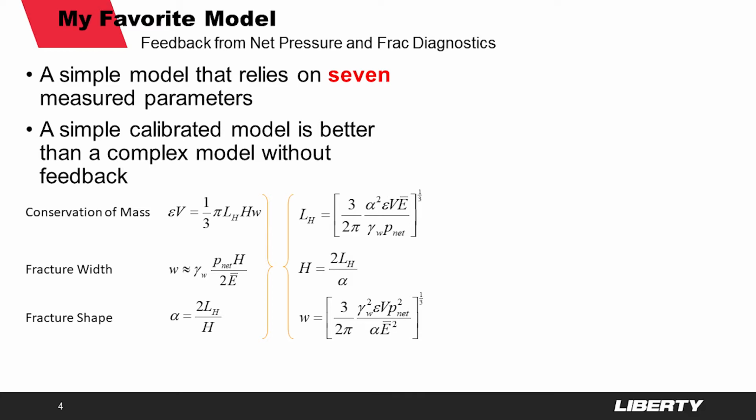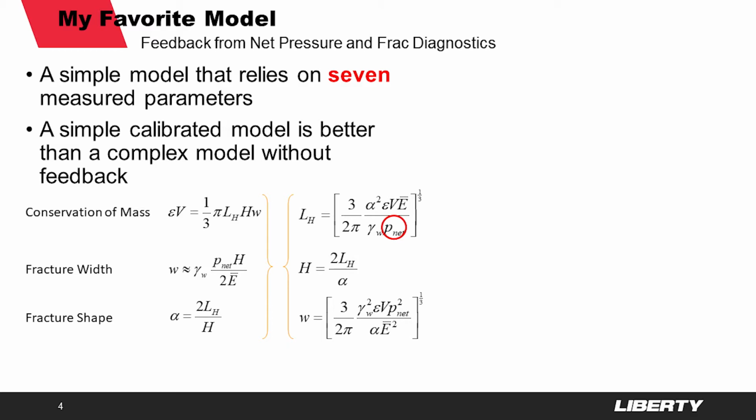But I can now do basically the same thing as what I did before. With these three equations, I can independently solve for the fracture half length, height, and total fracture width that we're generating using just 7 parameters that we can measure around the frac job or from the rock that we're fracking in.